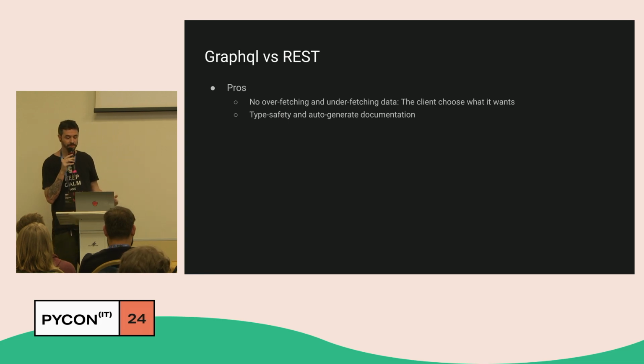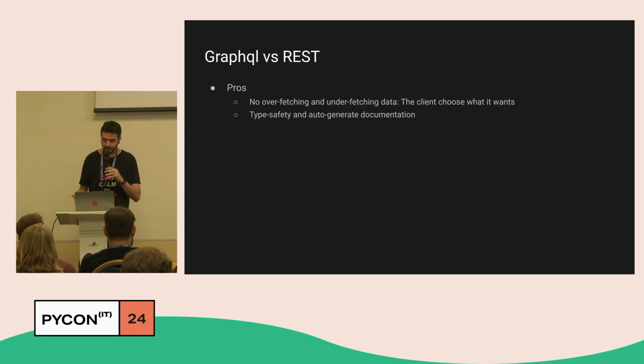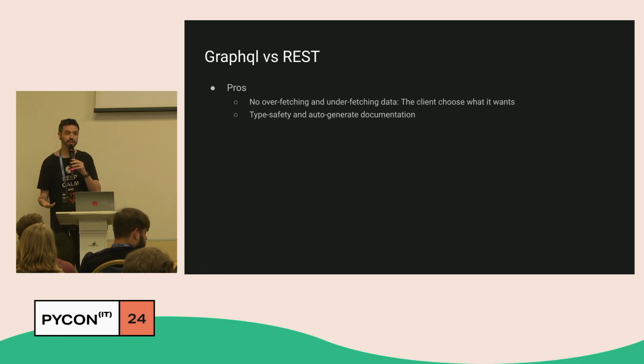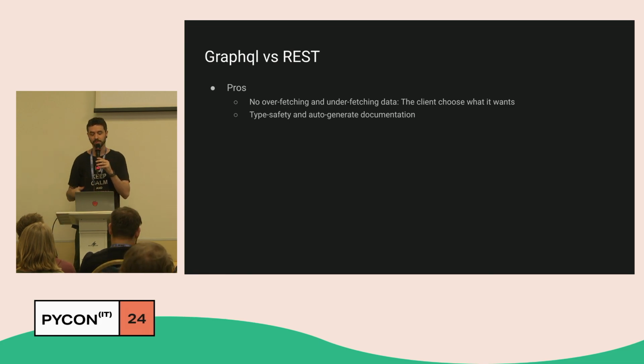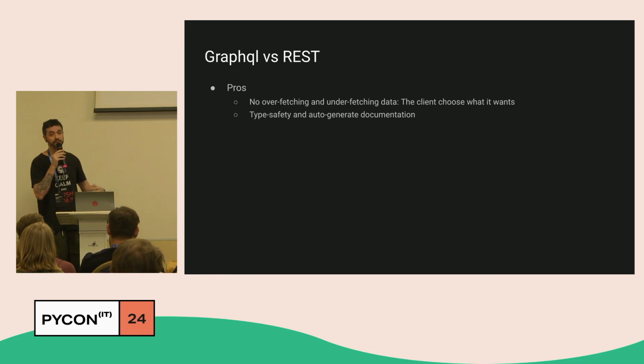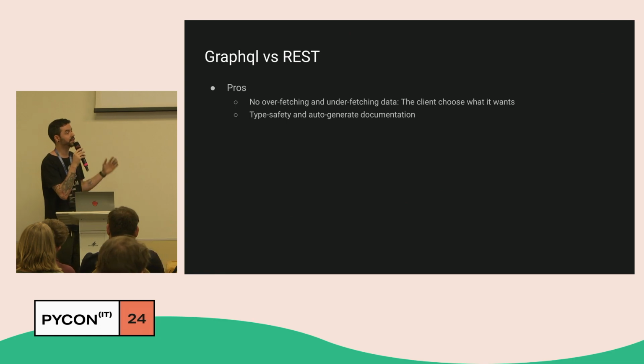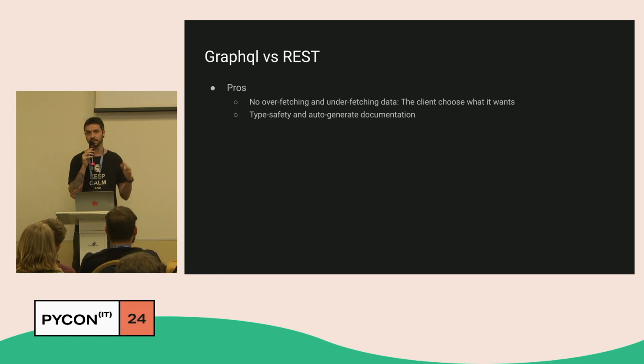It has a lot of type safety. The server is supposed to do a lot of type validation, not only from the query execution itself, just like Eric was talking about, but when you return the data, if you say that it returns a string, it will not allow you to return null or an integer or something like that.